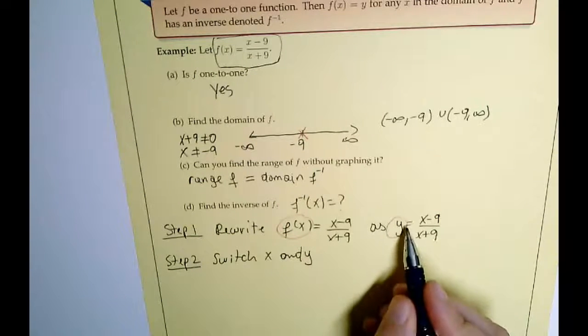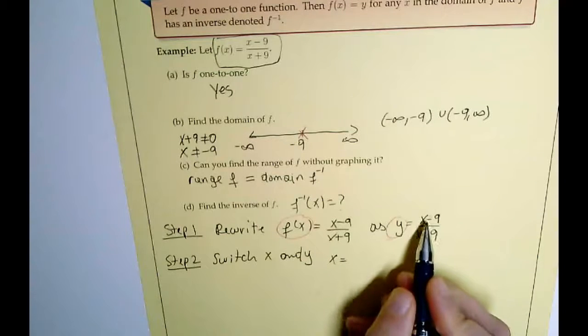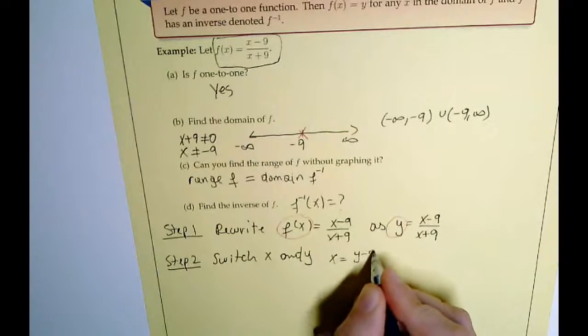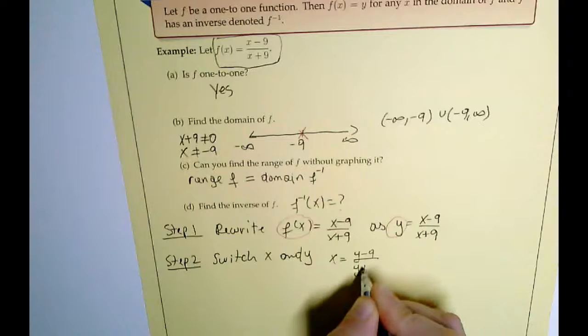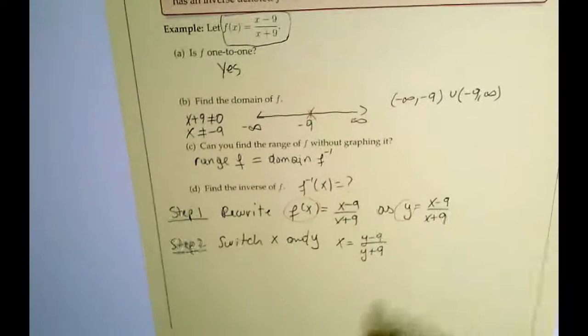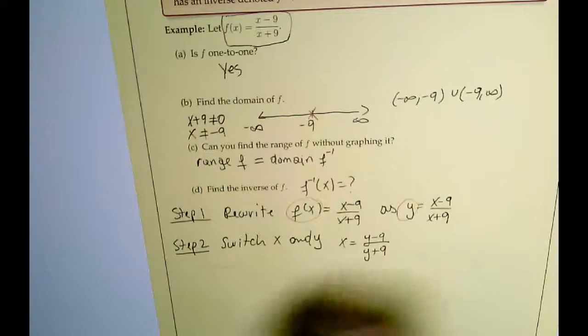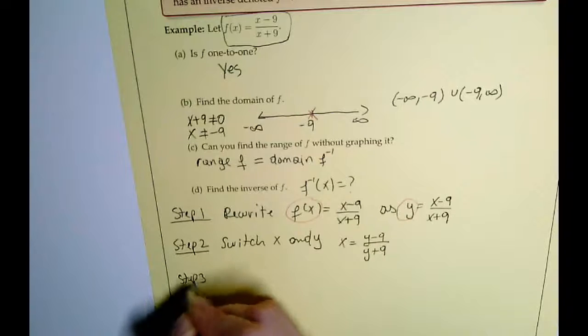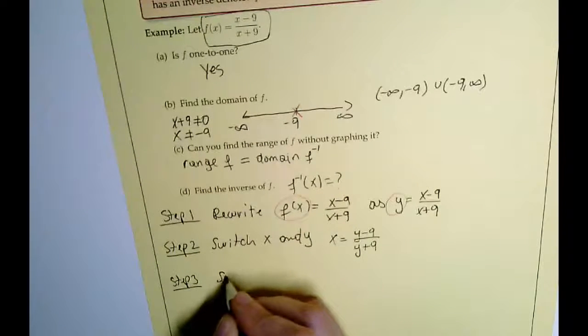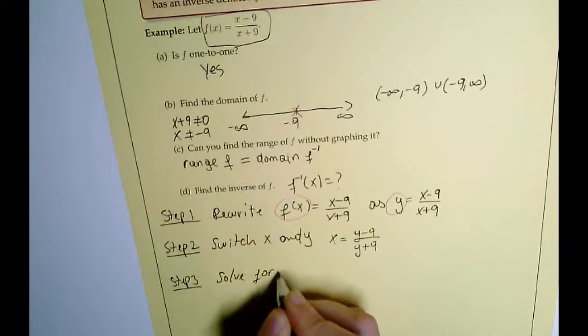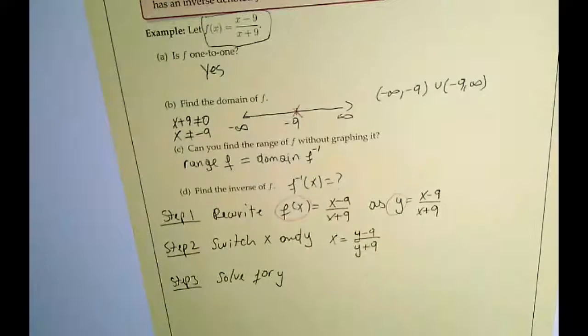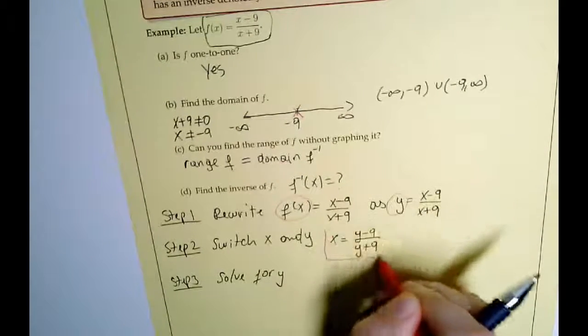So instead of y, I'm going to put x, and instead of x, I'm going to put y. All right, then step 3 is solve for y. So I need to solve for y in here.